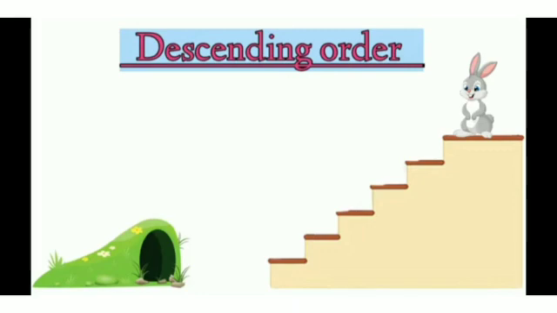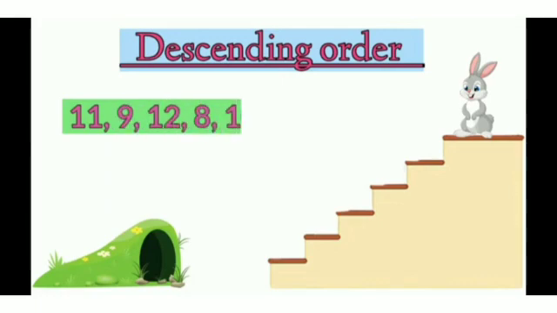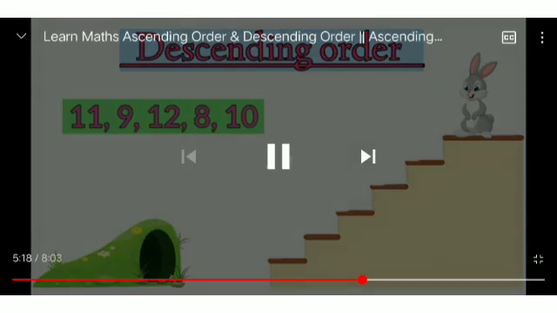Let's start with another example. The numbers are 11, 9, 12, 8 and 10. Now let's arrange them in descending order. Which is the greatest number? Yes, 12 is the greatest number.